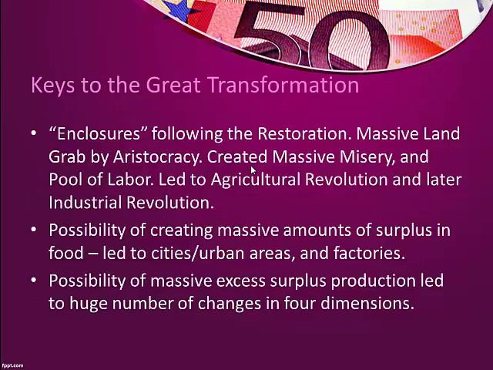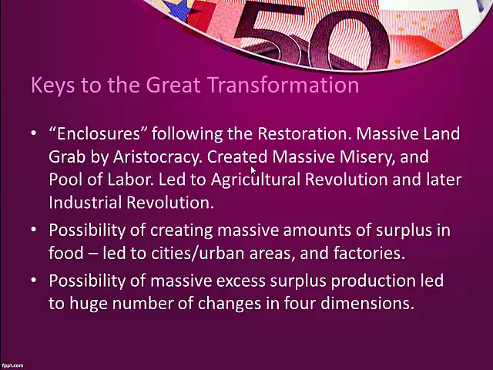But the main key in the history was that after Cromwell's revolution, the restoration of the monarchy of the Stuarts gave the aristocrats a chance to make a major land grab, which they hadn't been able to do in the past, although they had many trials.